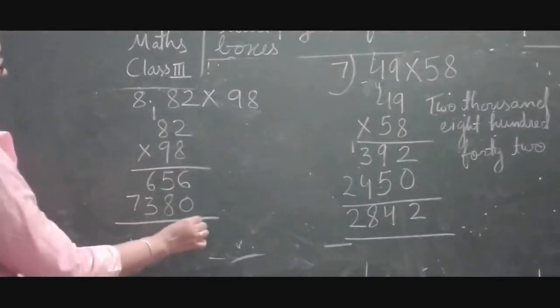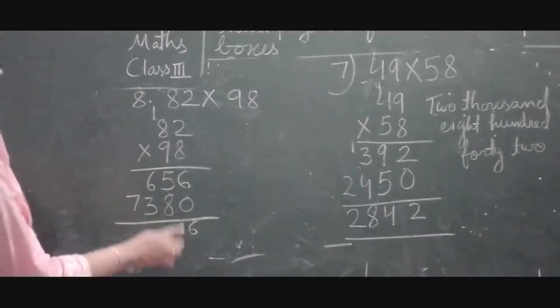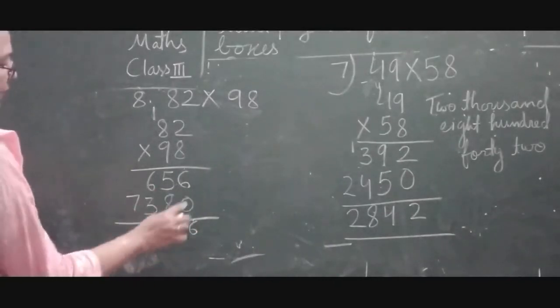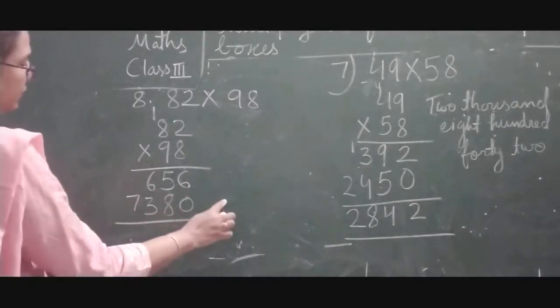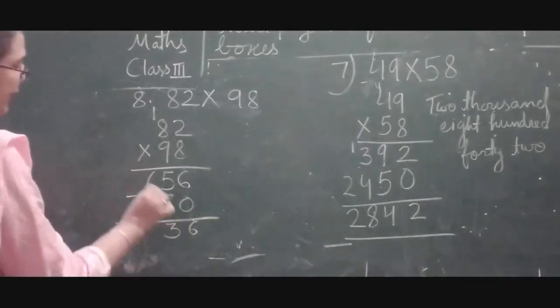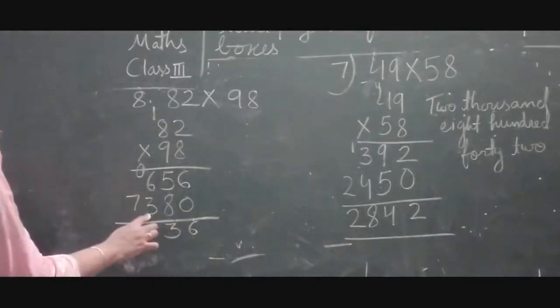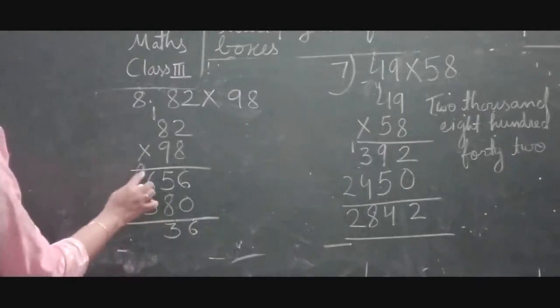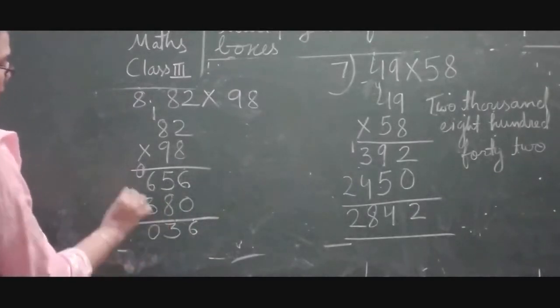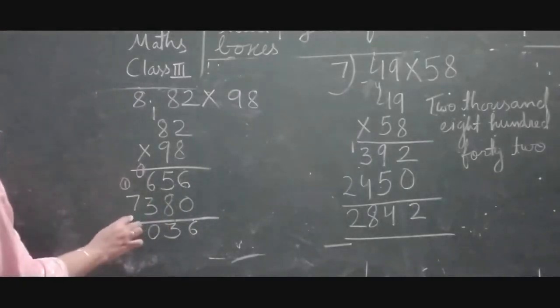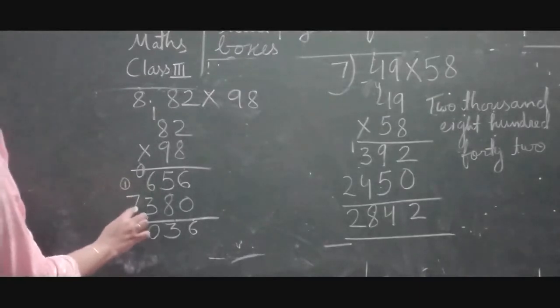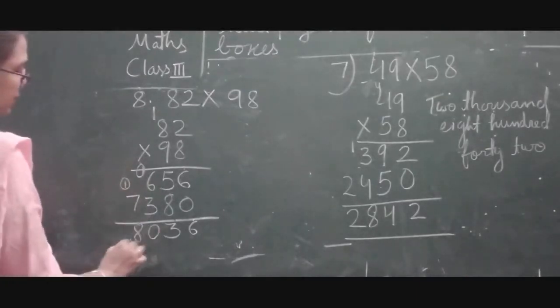Okay, now here 6 we will write, and then 8 and 5. 9, 10, 11, 12 and 13. 13 we will get. 1 will be carry over. 6 and 3 is 9 plus 1 is 10. 1 is carry over. So here 7 and 1 is 8. Okay.